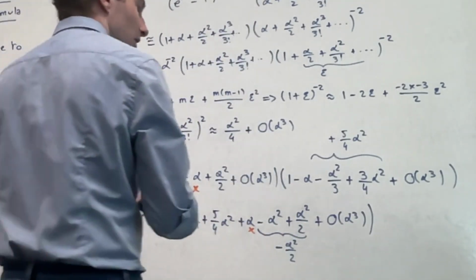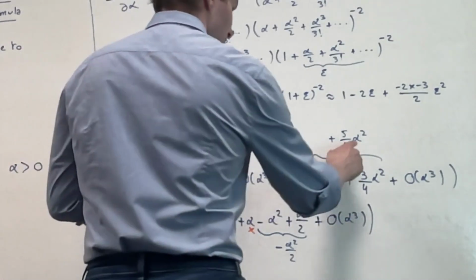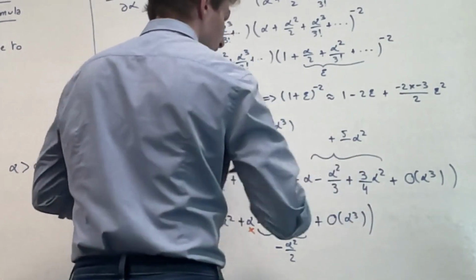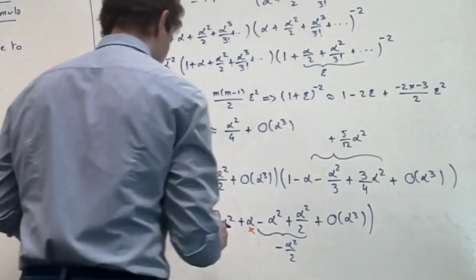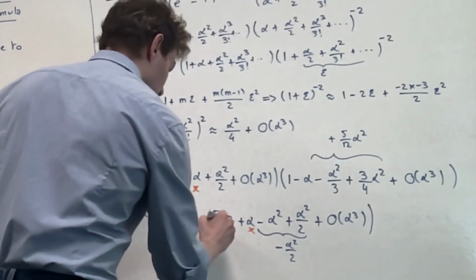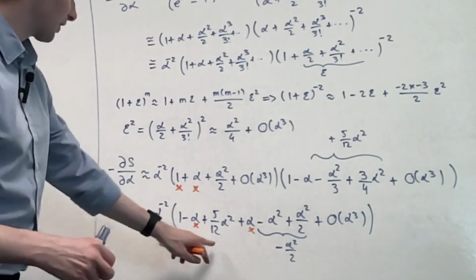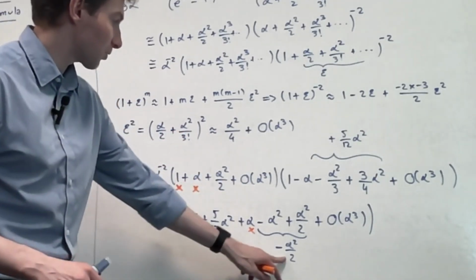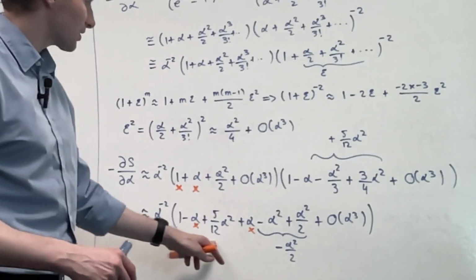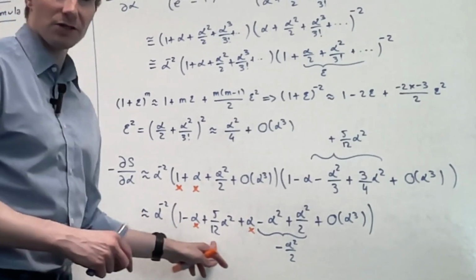And here, by the way, I apologize. I messed up when I wrote my result here. This was a 12. That's 5 out of 12 here. And so now what I have is minus alpha squared over 2, and then plus 5/12 alpha squared.